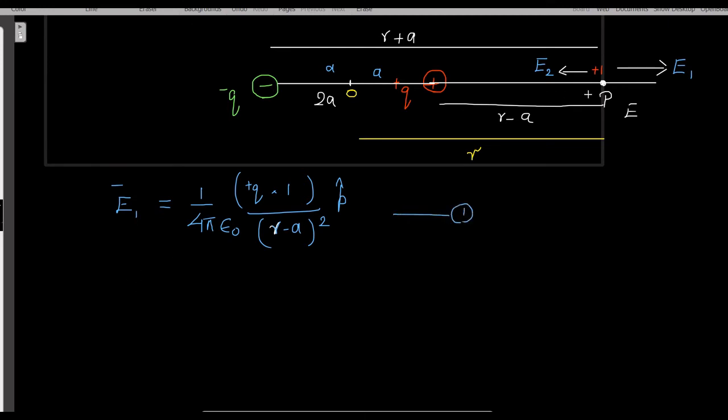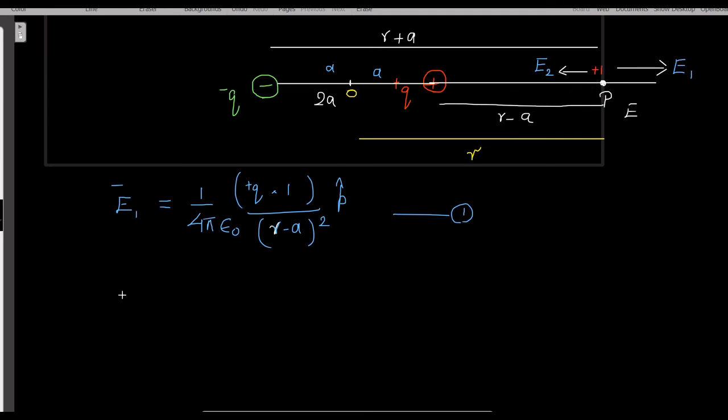Similarly, what is E2? E2 is the attractive force experienced by this unit positive charge due to the minus q charge. So minus q and the unit positive charge are separated by a distance r plus a. Till here it is r, this is a, so the total distance is r plus a.